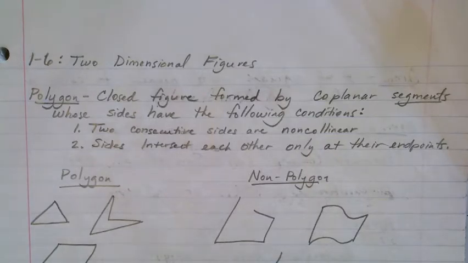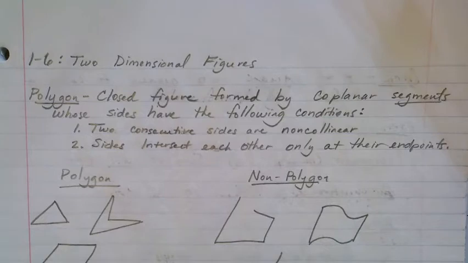A polygon is a closed figure formed by coplanar segments whose sides have the following conditions. Now if I'm going too fast, feel free to pause. I'm going to continue to talk about polygons here, and I want you to think through this with me, but you want to have this down in your notes. The first condition is that two consecutive sides are non-collinear, and what that means is that you can't have two sides that make up a straight line.